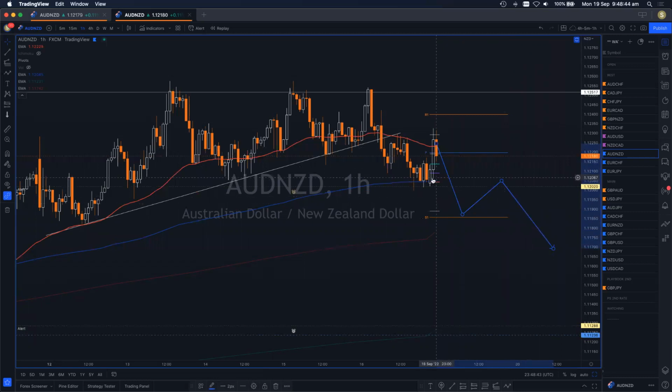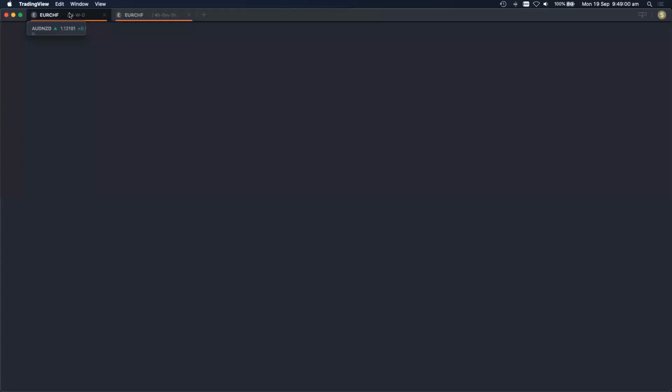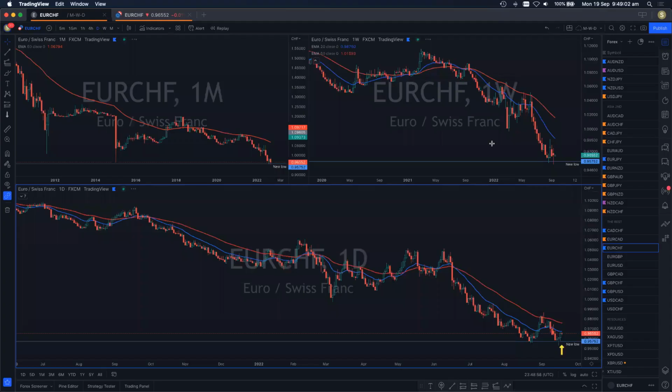If it breaks through the 4-hour 50, which is this blue line, test that, the 1-hour 50 will catch up, and then play that as a short trade down to the day 20 or day 50. On that one, it may happen later today, or maybe tomorrow morning.